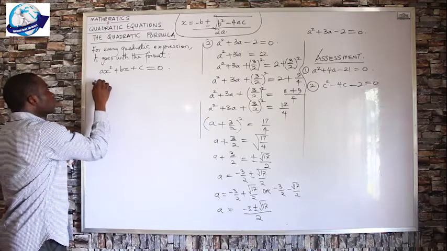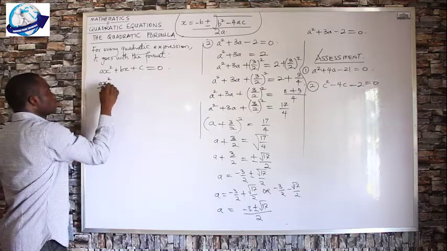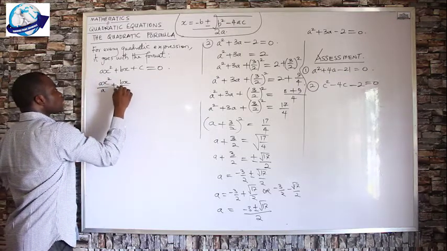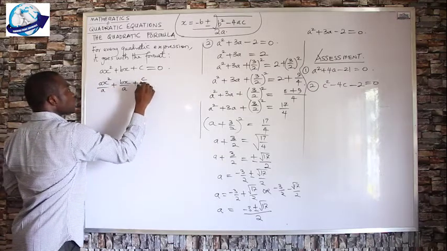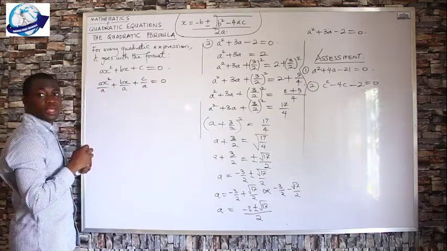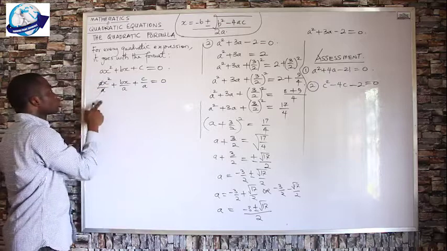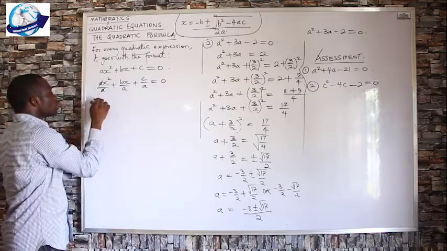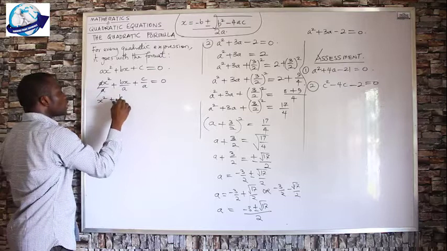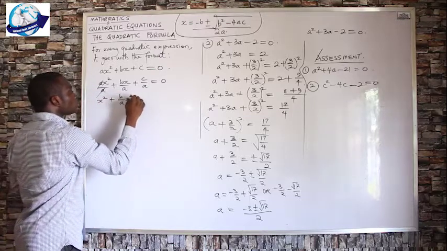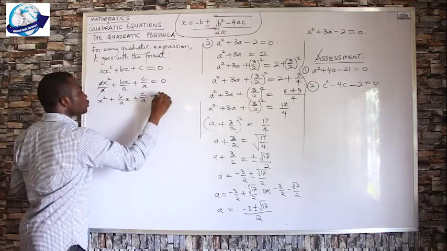So you have ax squared divided by a plus bx divided by a plus c divided by a equals 0. The next thing now, a cancels a, so you have x squared plus b over a x plus c over a equals 0.